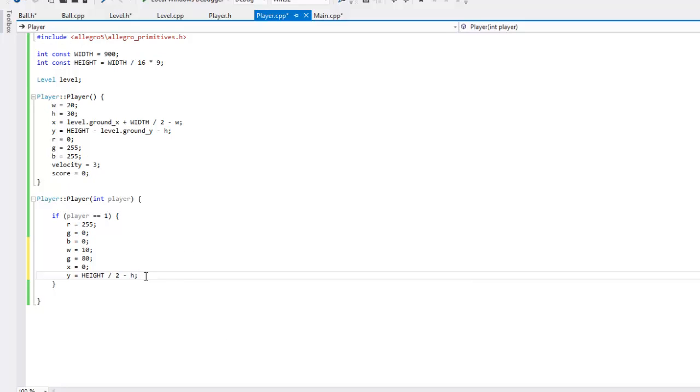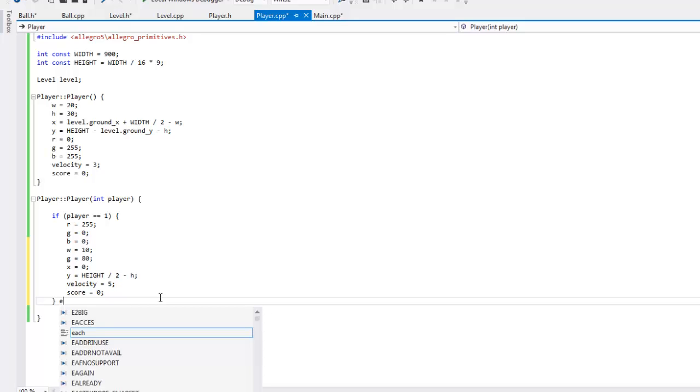Hopefully that makes sense, but maybe I'll explain it once we get it up and rendering. And I guess velocity is equal to 5, and score is equal to 0.